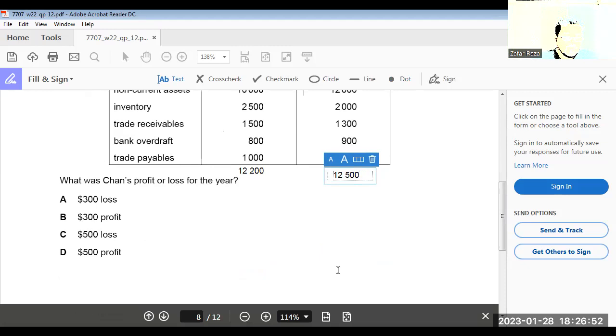Because drawings are not given, additional investment or anything else is not given, only one thing is left, which is profit or loss. So the capital at end is increasing. It means we have a profit of $300. So option B is the answer.